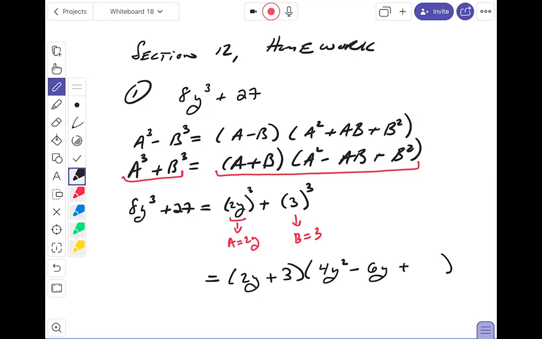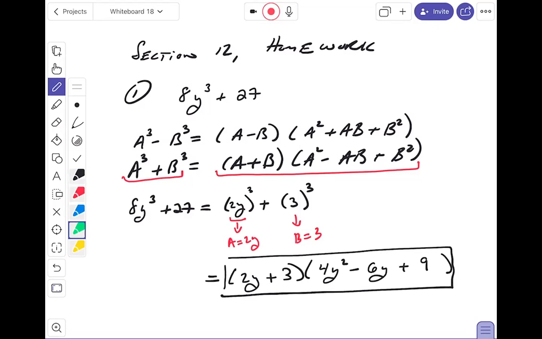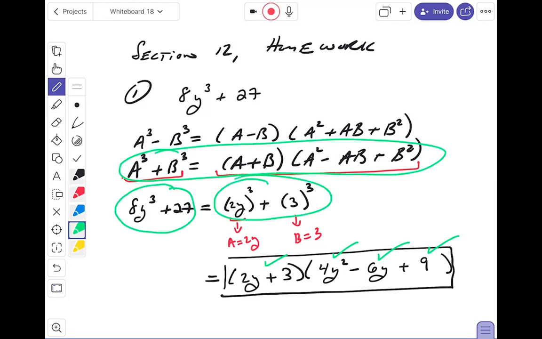What's b squared? 9. What we'd like you to do is look at the answer key and see if you're seeing that. And you are: 2y plus 3, times 4y squared minus 6y plus 9. You can also check these by multiplying them out. That's a special pattern. Which one do we use? The sum of perfect cubes.